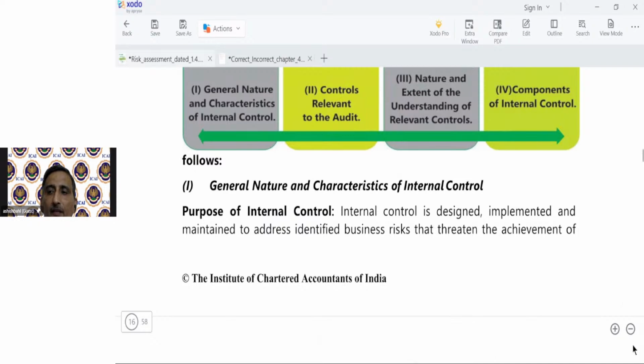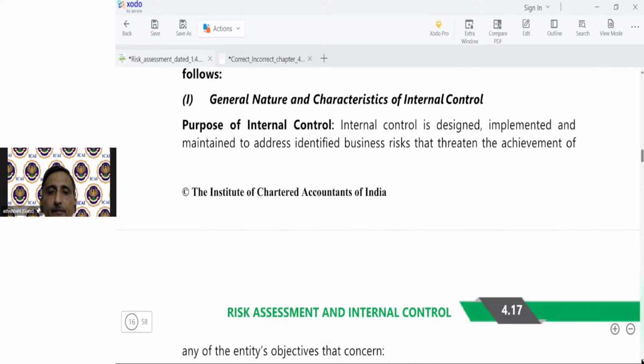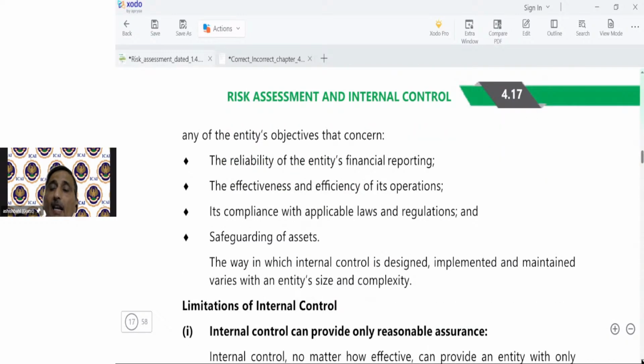Purpose of internal control already done. Again, those four points, Kiran Shukla, remember what I had told you.